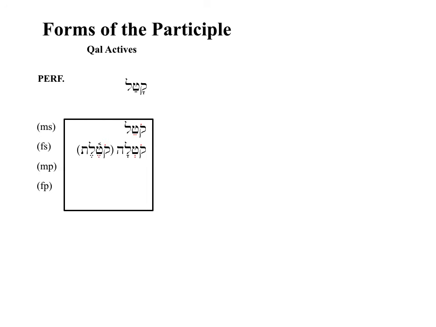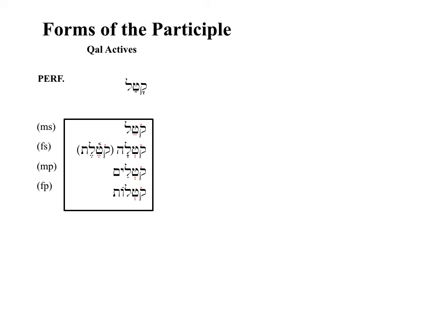It has the tav that is characteristic of the old feminine ending, and those two forms appear interchangeably, so you should memorize them together. So qotel, qotela, or qotelet, and then, as we would expect, qotelim and qotelot. These are the forms of the active participle.